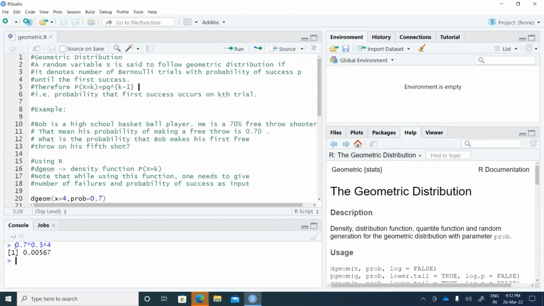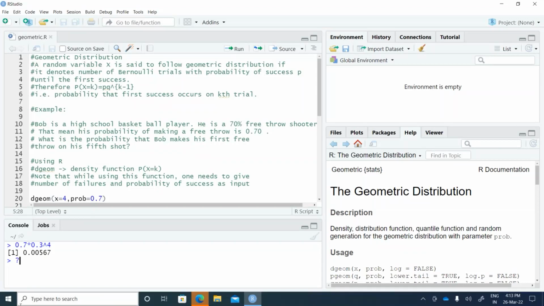Their meanings are more or less the same; only the formulae and syntax differ with respect to the distribution. As we are aware, dgeom deals with the density function. That means it gives us the probability of x equal to k.